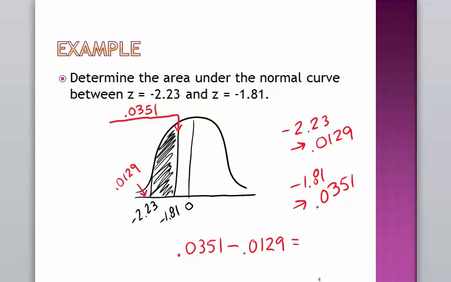And that's going to give me my final answer. So that's going to give me 0.0222. And so 0.0222 will be the area of the shaded region in black.